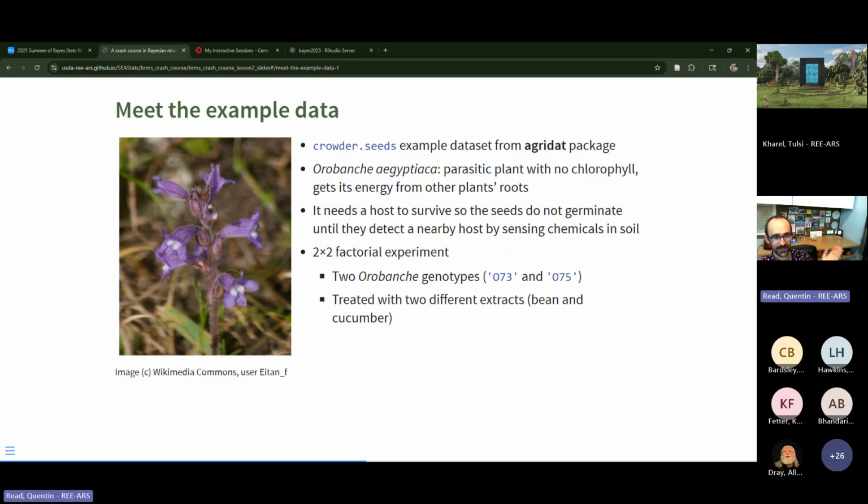For whatever reason, somebody did an experiment to see how different genotypes of this plant responded to extracts from beans and from cucumbers, two potential host plants. So they had two genotypes of this parasite plant and two different extracts, one from bean and one from cucumber, and did a factorial experiment treating seeds from each genotype with two different extracts to see how many of them germinated.